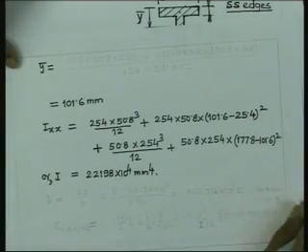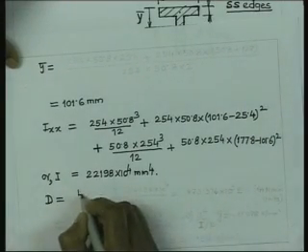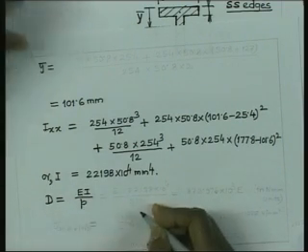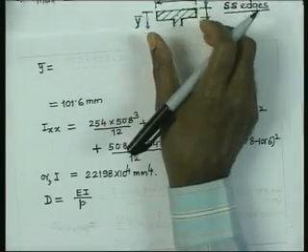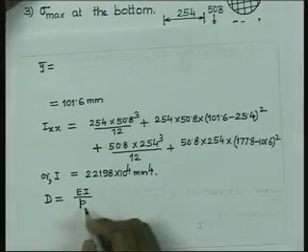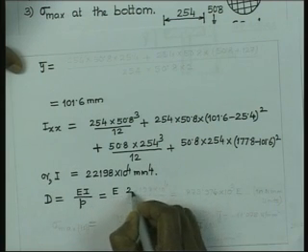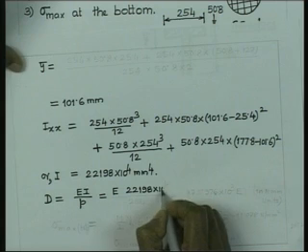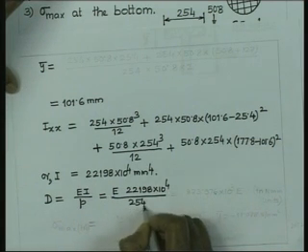Now, this D is nothing but EI by P, the pitch distance. So, it is the moment of inertia over unit length, and we are considering a pitch distance of 254. So, now we can find this D. This is E into 22,198 into 10 to the power of 4 divided by 254.